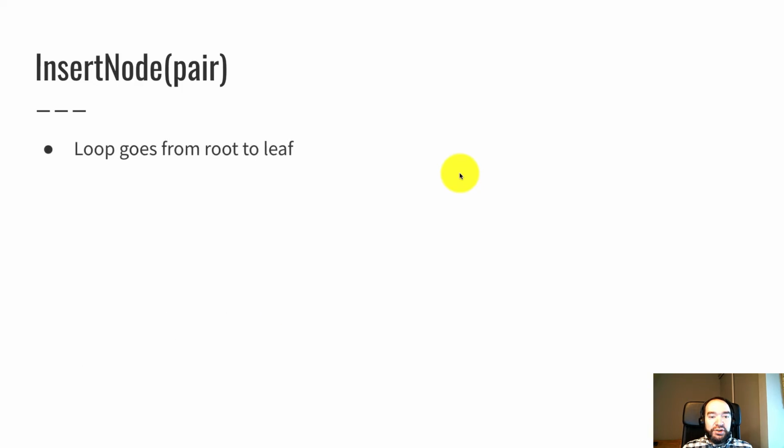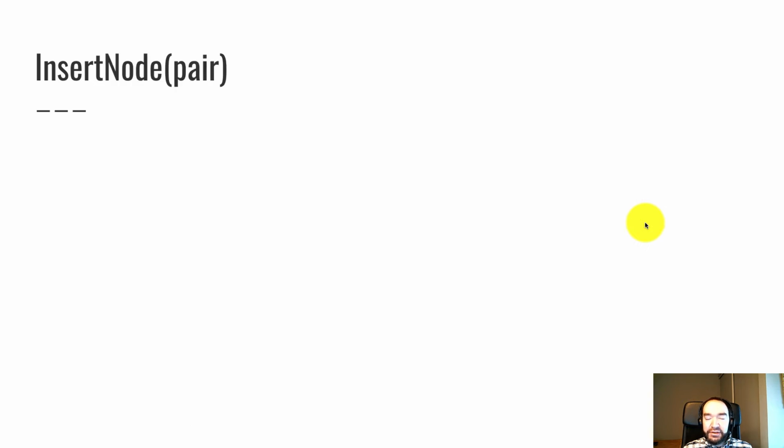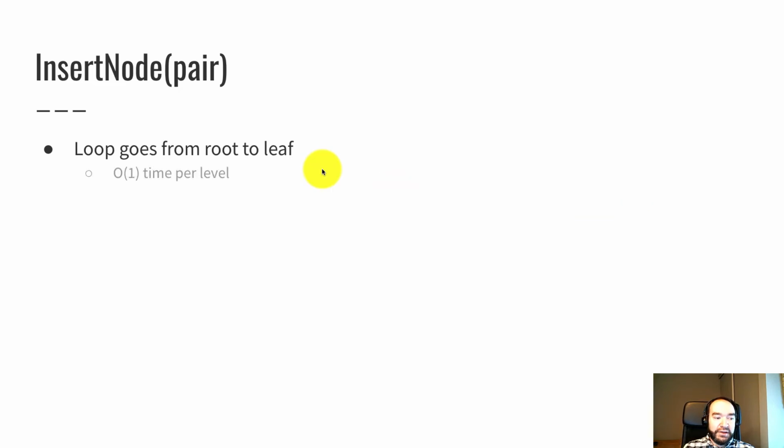So in order to know the runtime of insert, we have to know the runtime of contains and InsertNode. We just worked out contains. We need to analyze InsertNode first, and then we can say what the total runtime of insert is. So InsertNode has that loop that goes from the root at the top of the tree down to a leaf. It spends constant time per level, and therefore it takes big O of h time, just like the contains or the find operation. It's the same kind of loop. Start at the root and work your way down.